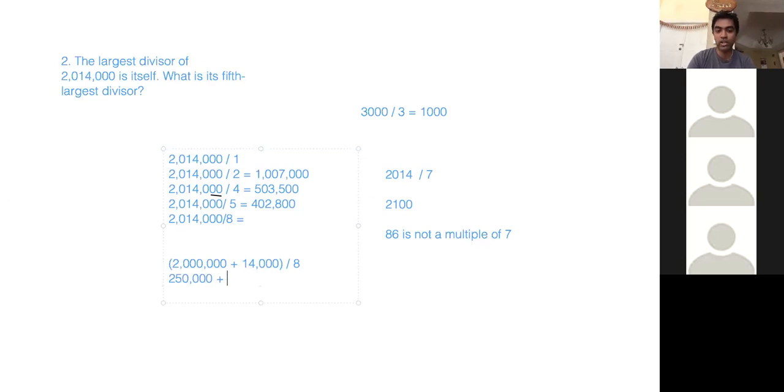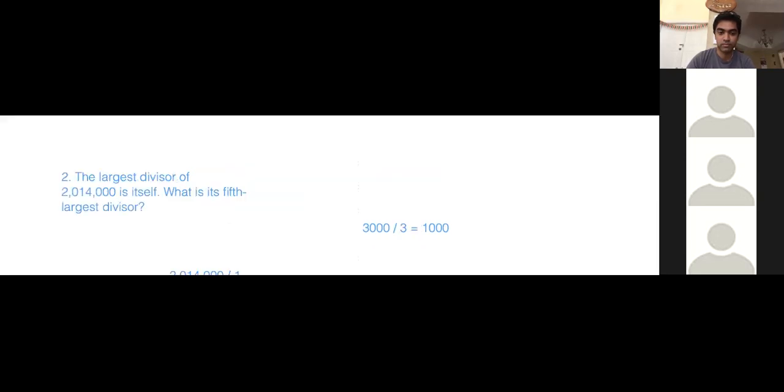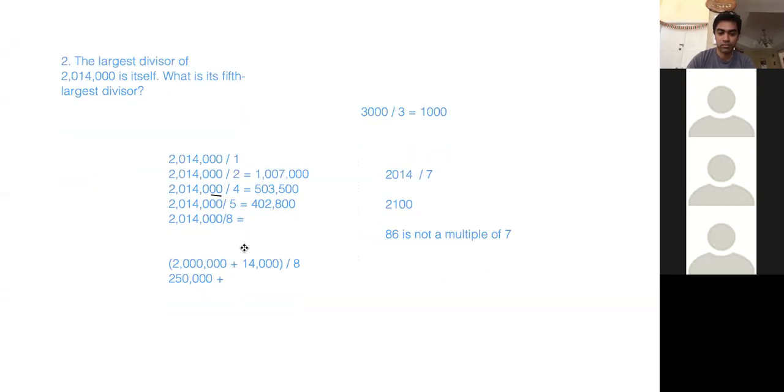Now, what is 14,000 divided by 8? 1750. So what is the total? 251,750. Good. Yep.